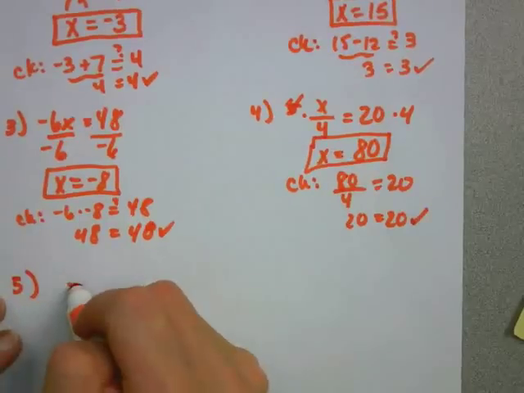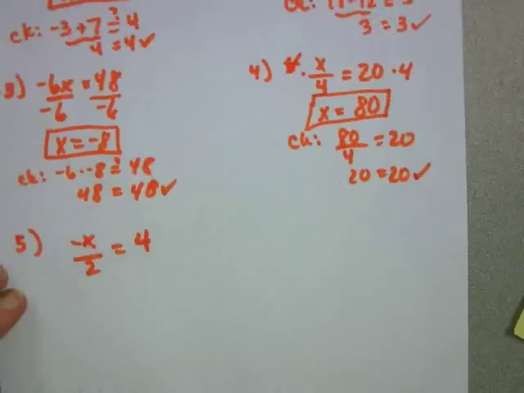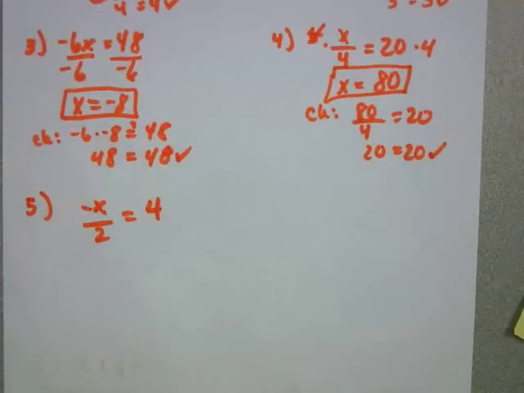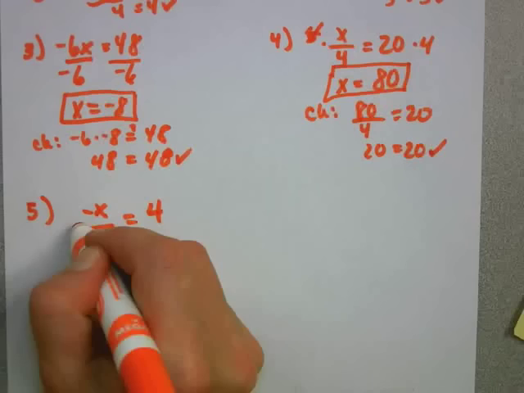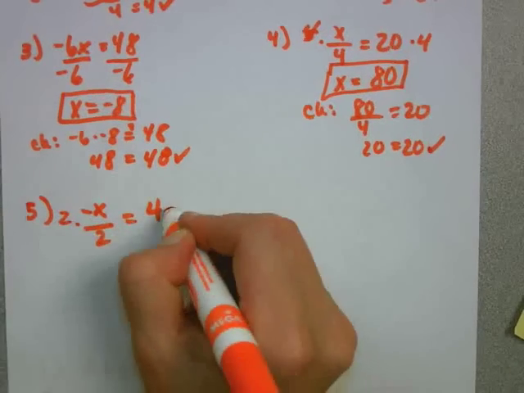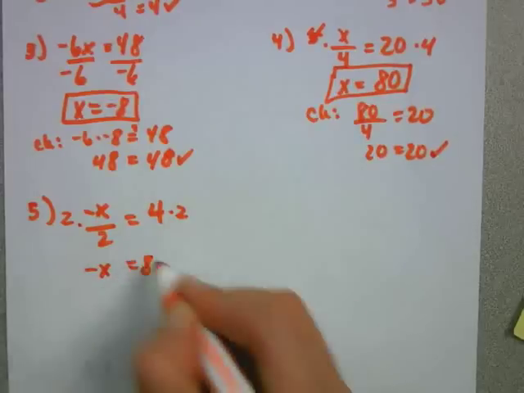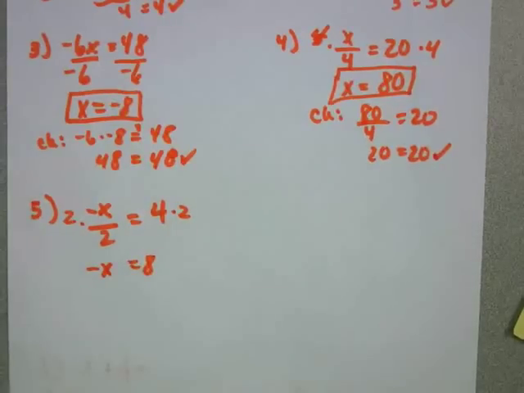Negative x divided by 2 equals 4. This is kind of a one-stepper, kind of a two-stepper. You can think of it either way. I need to get rid of dividing by 2. So I'm going to multiply both sides by 2, but that negative is still stuck up there, so that poses a teensy bit of a problem, because I don't want to know what negative x is.